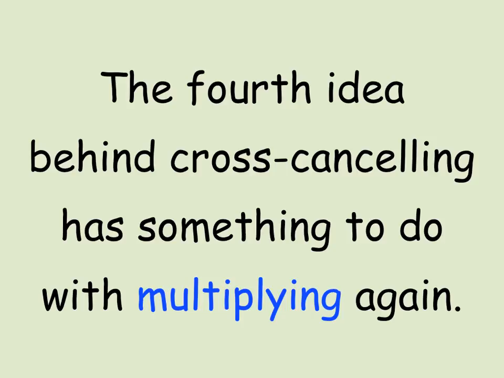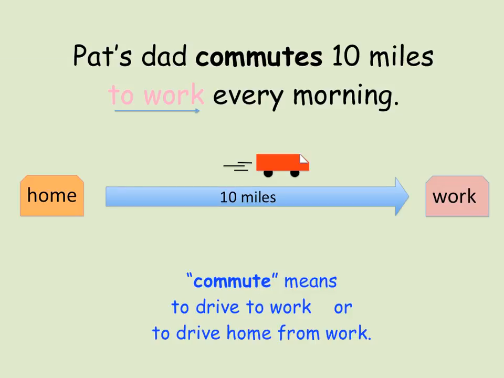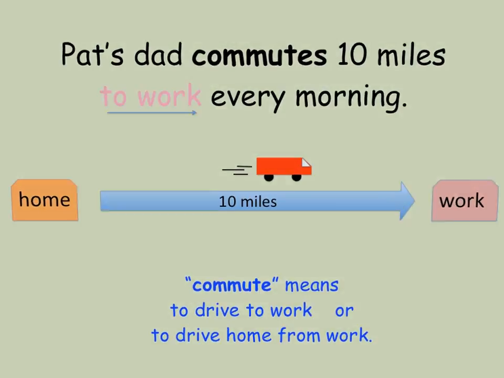The fourth idea behind cross-canceling has something to do with multiplying again. For example, Pat's dad commutes 10 miles to work every morning. He's going from home, drives 10 miles, and he gets to work. Commute means to drive to work or to drive home from work.